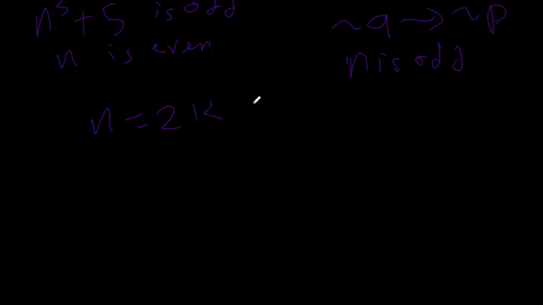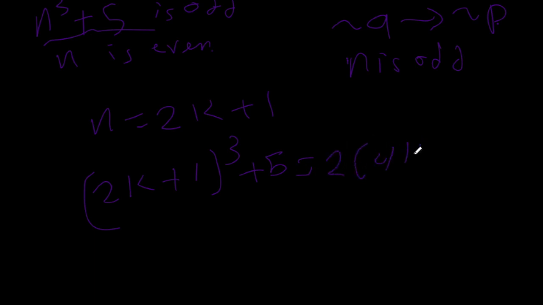In this case n equals 2k plus 1. Now put 2k plus 1 in the original equation. This is going to be 2k plus 1 to the power 3 plus 5. So this is equal to 2 multiplied by 4k to the power 3 plus 6k plus 3k plus 3.